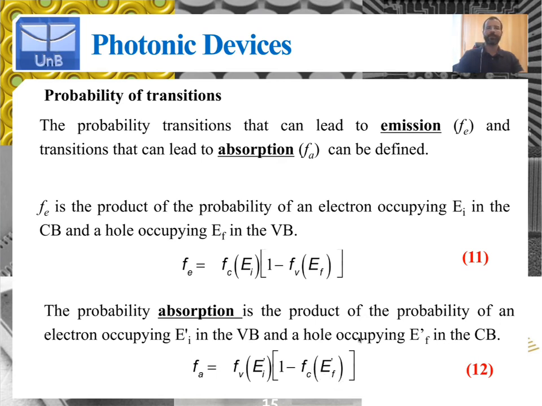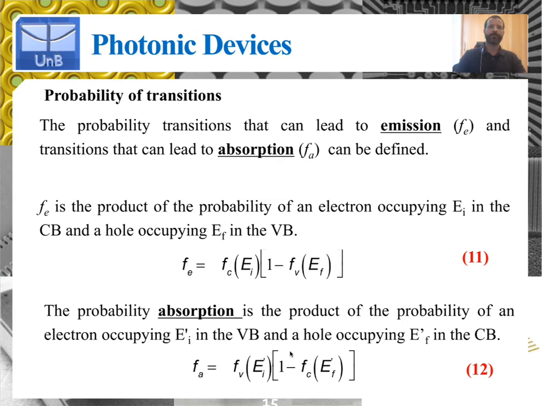Now the final level is up in the conduction band, and you need the Fermi function, therefore, in the conduction band. But this right here, so 1 minus F, is the probability that the state is empty. We usually do not talk about holes in the conduction band, but this means that this is the probability that the state in the conduction band associated with energy level EF dash is empty.